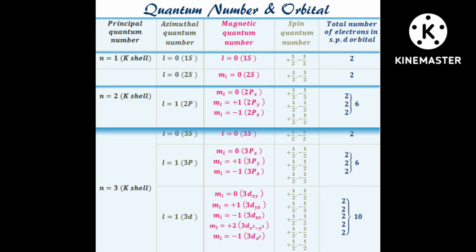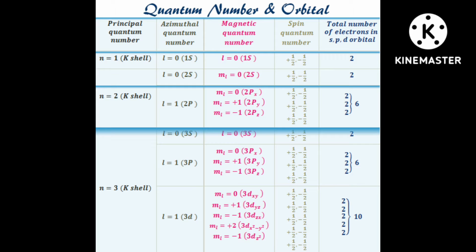Quantitatively, these orbitals can be distinguished by their size, shape, and orientation. Three things: first size, second shape, third orientation.